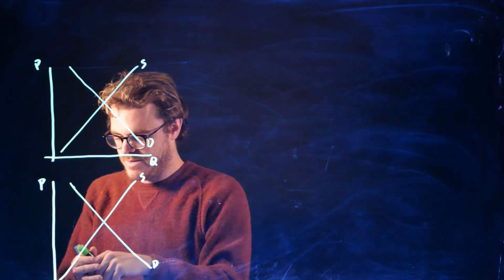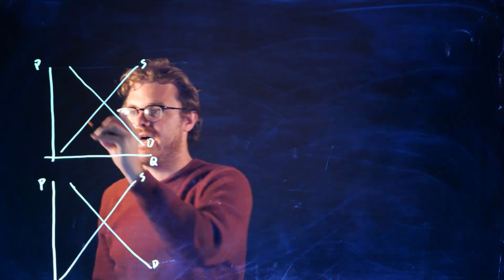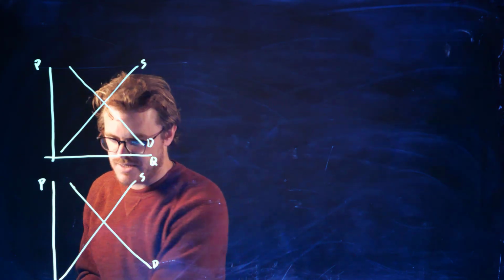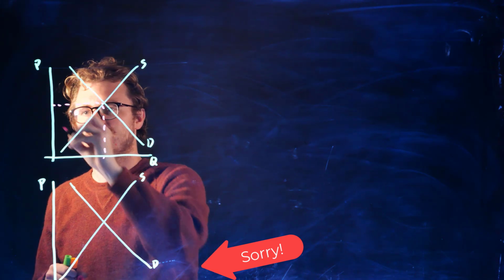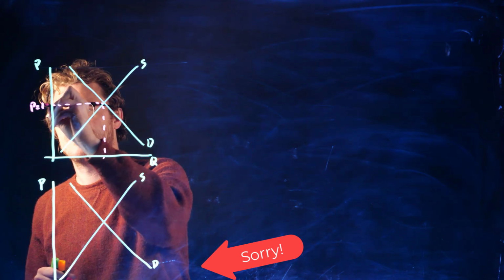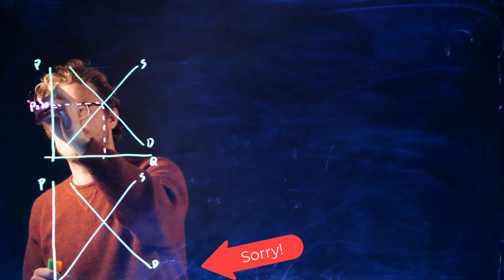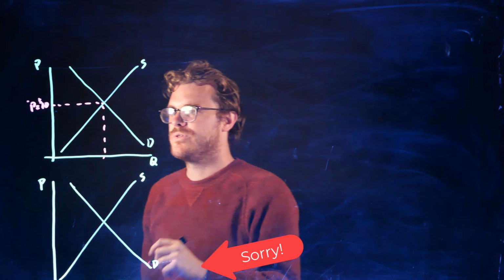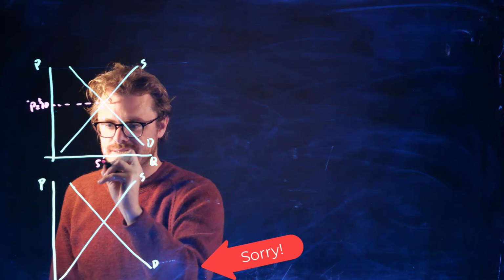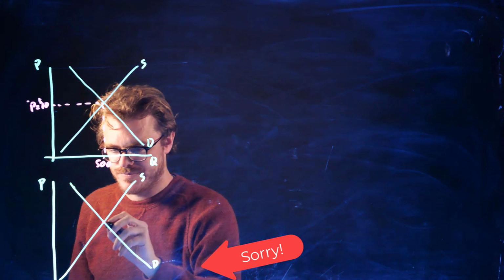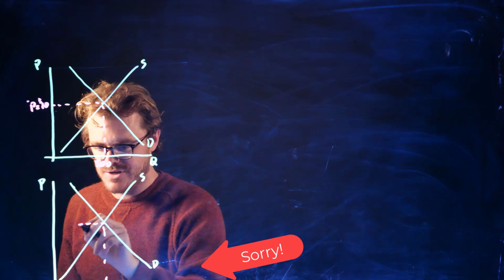So we have some equilibrium, and let me do that in a different color. Let's imagine this current equilibrium price is $10 and the quantity is 500. It's going to be the same for this market.